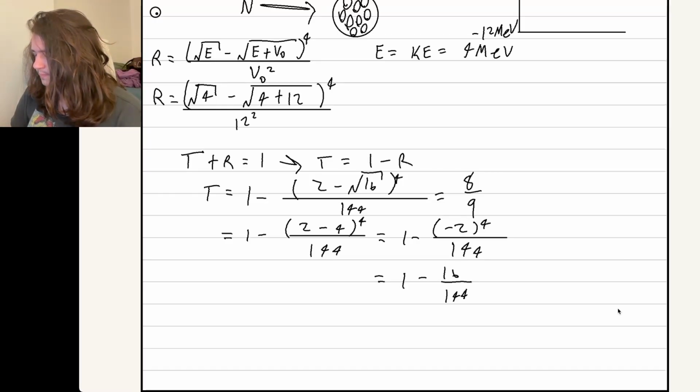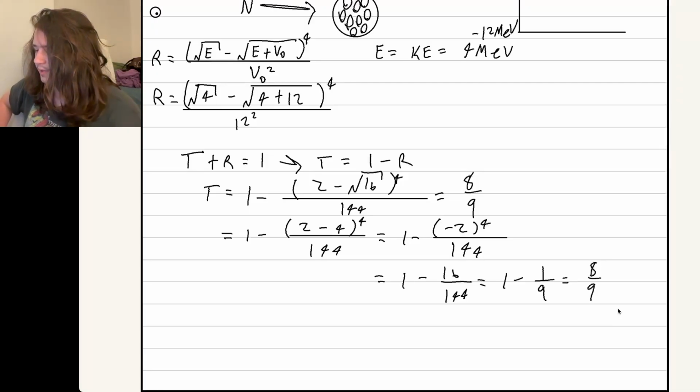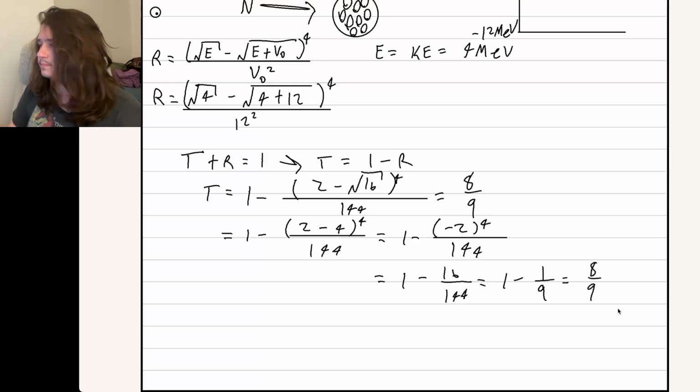Awesome. So if you divide both of those numbers by 16, aha, 144 divided by 16 is 9. So you have 1 minus 1/9, which is 8/9. So, okay, that's a pretty funny transmission coefficient, and a pretty funny problem.